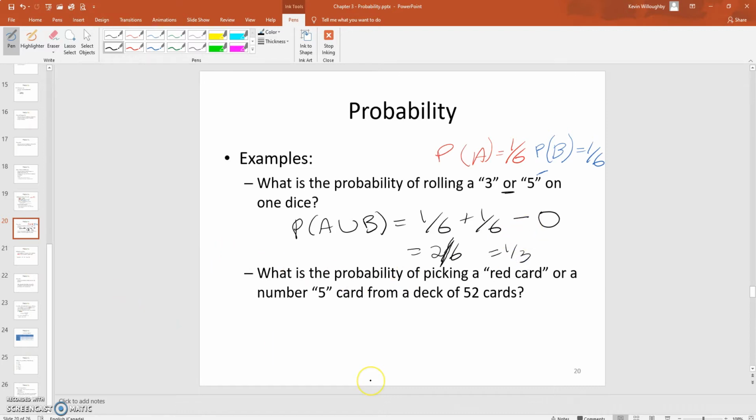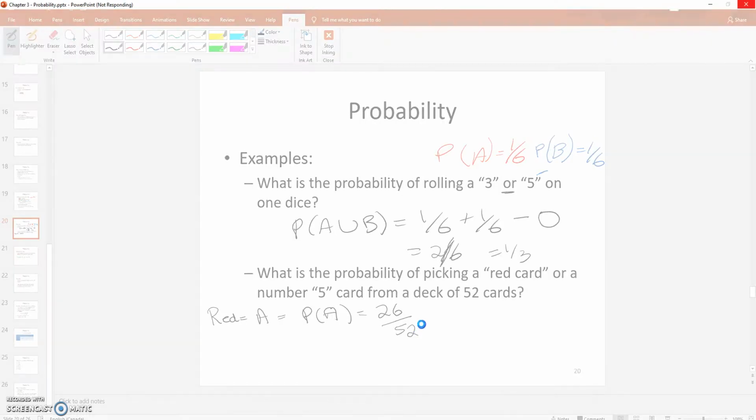So let's work on this other example. What's the probability of picking a red card or a number 5? Let's go with red card being A. The probability of a red card is 1/2. There's either red cards or black cards. We're going to put this out of 52 because there are 52 cards in a deck.